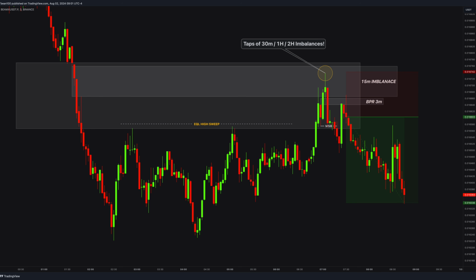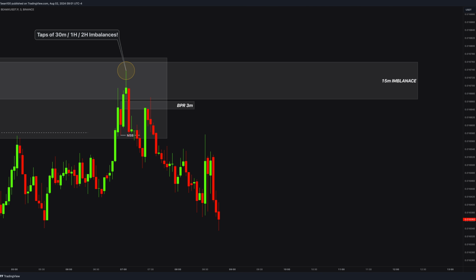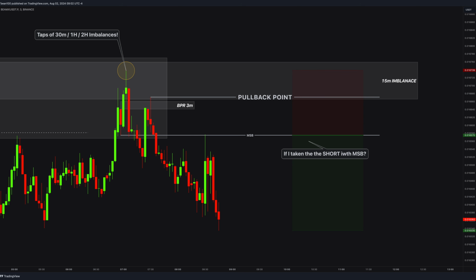What about if you took a lazy man's large trade? Let's assume that you have zero patience and shorted this coin directly with this inner market structure break. Notice how much the price pulls back here, up until filling the small balanced price range.